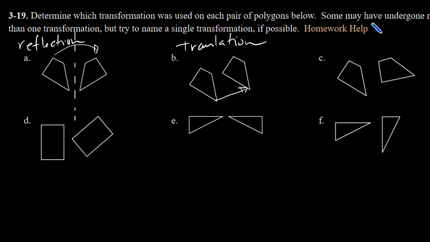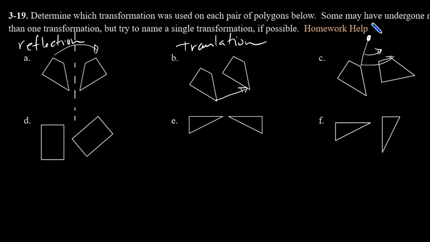I believe the next one, I could say that there's a rotation followed by a translation, but if I was to put a point maybe somewhere about here, I bet that there is a rotation about that point where if I rotate this way, I can get this whole thing to swing over to this spot.